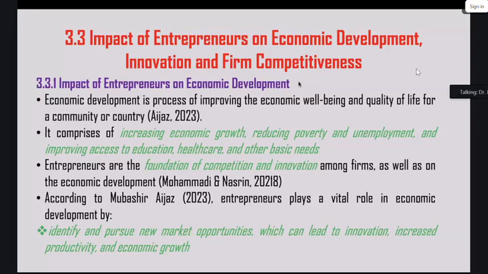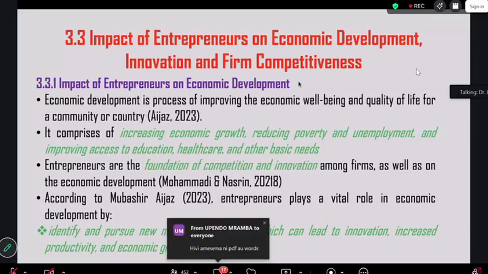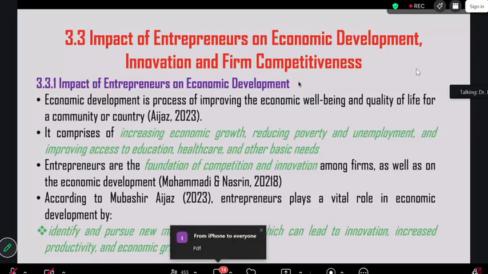There is a big difference between economic development and economic growth. When we talk about economic development, we mean the improvement of economic well-being and quality of life for a community or a country.